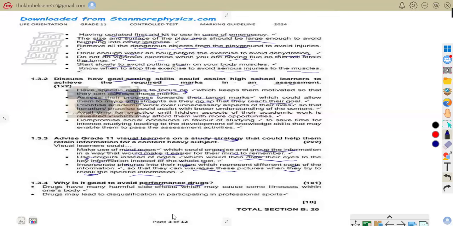As it says, drugs have many harmful side effects, which may cause some illness within one's body. Drugs damage the body, we know very well. For example, you may find yourself having heart problems and liver damage.